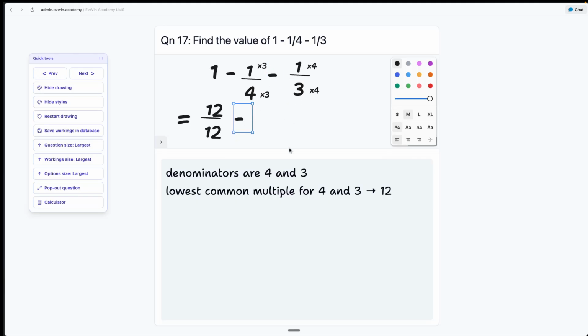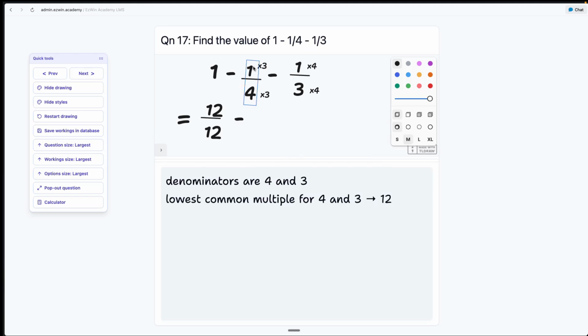So 1 times 3 is 3, so this will become 3 out of 12. And then we also minus 4 out of 12.